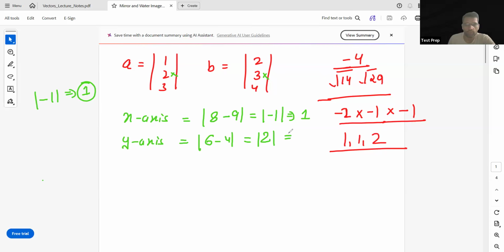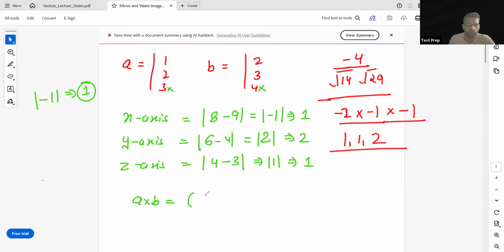Mod 2, which is also 2. Now the z-axis. In the z-axis, 3 and 4 will cancel out. 2 into 4, 2 into 2, 4 minus 3 into 1, 3, which is mod of 1, which is 1. So our answer will be A into B, which is equal to 1, 2, and 1. This is our answer.